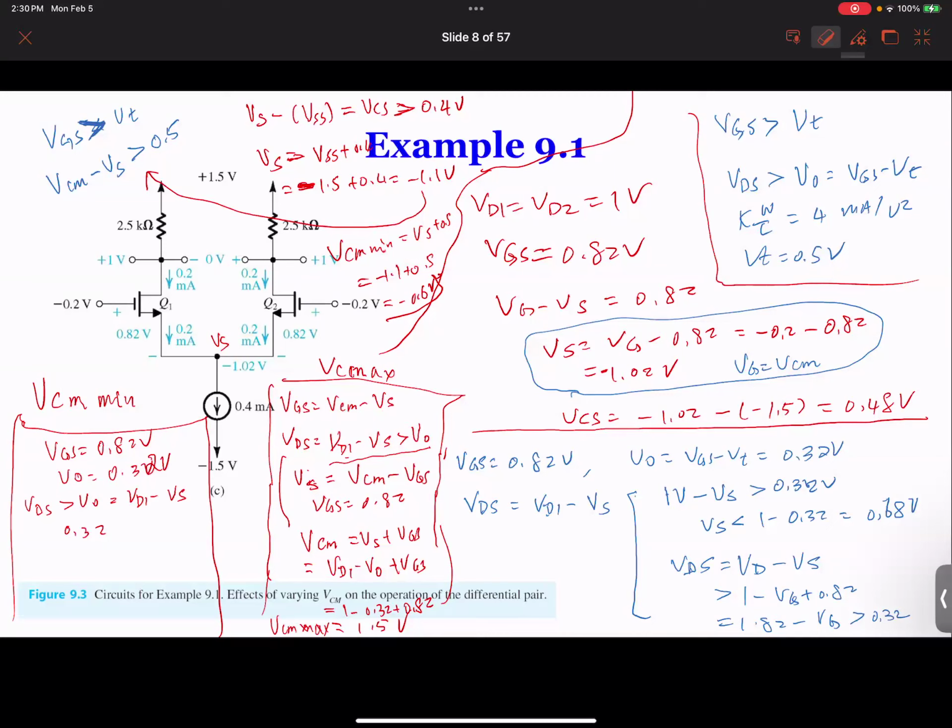So VDS equals VD1 minus VS, and it has to be larger than 0.32 volts. So VD1 is 1, so VS has to be less than 1 minus 0.32 volts. So this is going to be 0.68 volts.